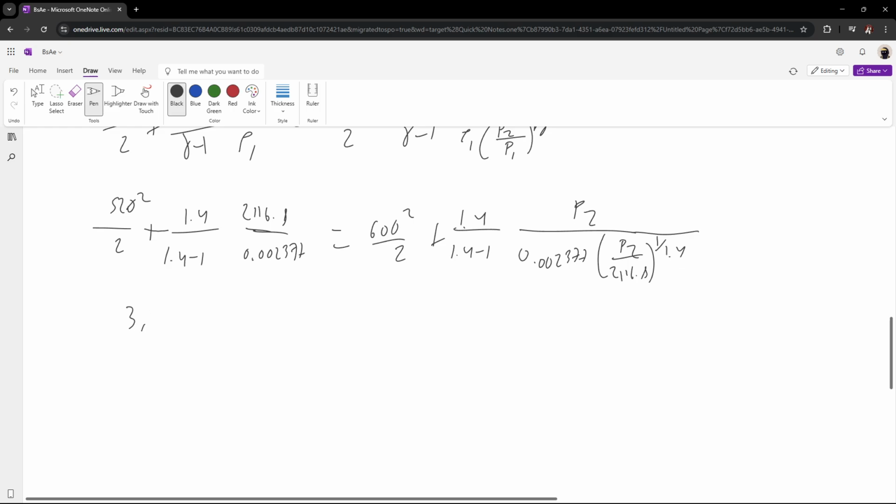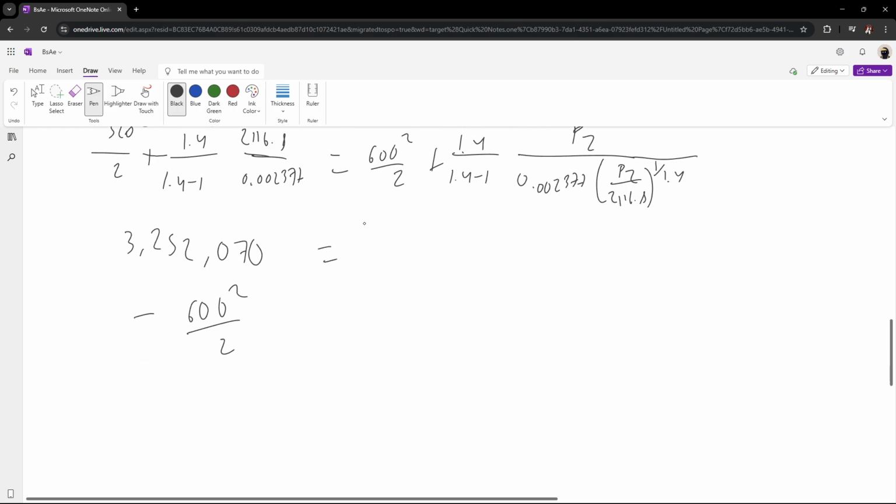We get 325,270. It equals 600 squared over 2 plus the pressure term, so 325,270 minus 600 squared over 2 is equals to 3,072,070 ... equals 1.4 over 1.4 minus 1.